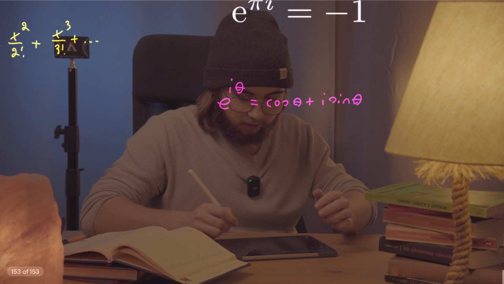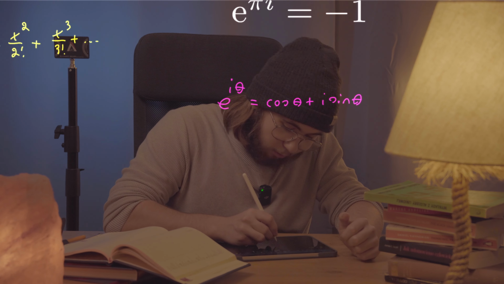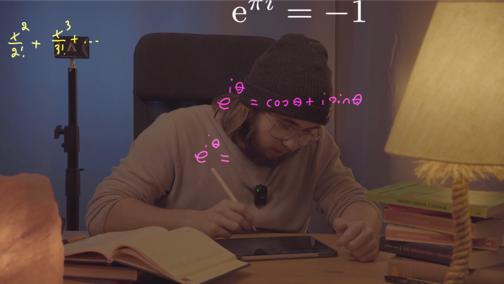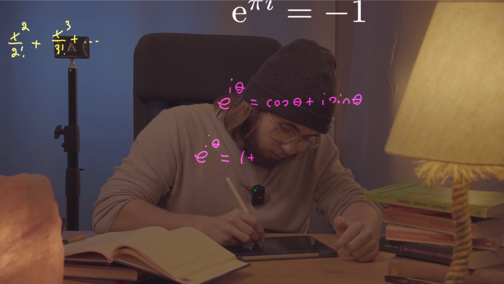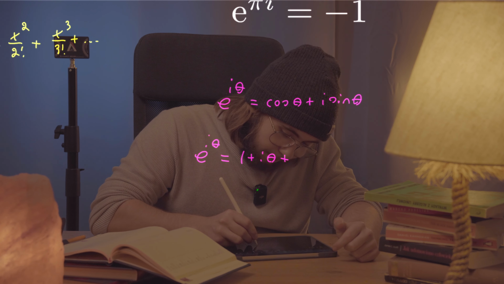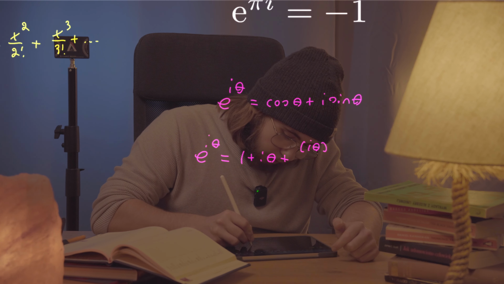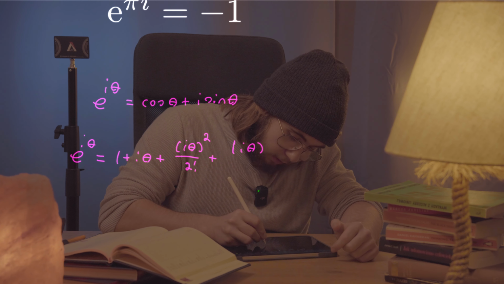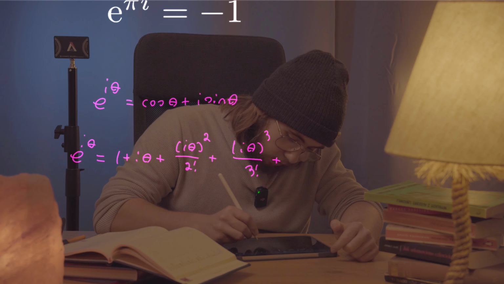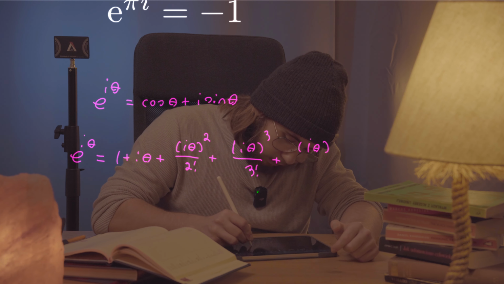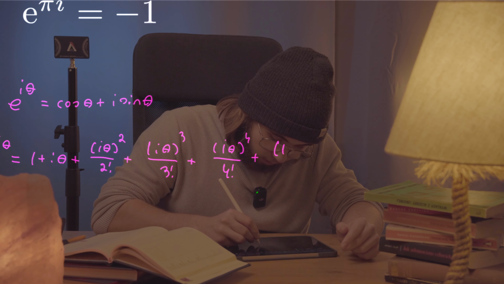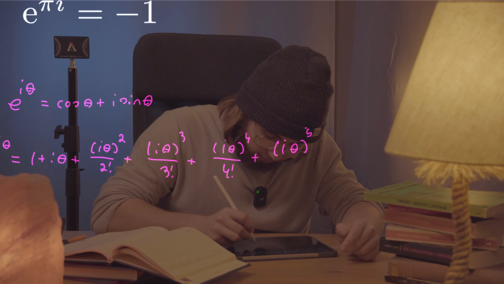So we can just say that is equal to, maybe I'm just gonna do it in pink. So e to the i times theta is gonna be equal to 1 plus i times theta, and then i times theta all squared over 2 factorial, then i times theta cubed over 3 factorial, i times theta to the power of 4 over 4 factorial, and then i theta to the power of 5 over 5 factorial.